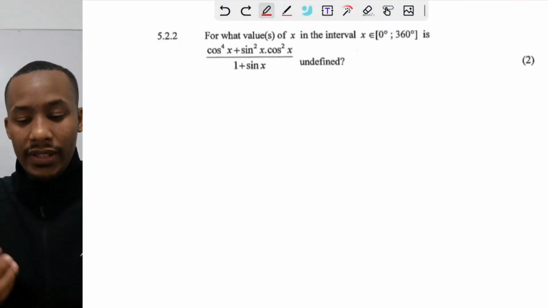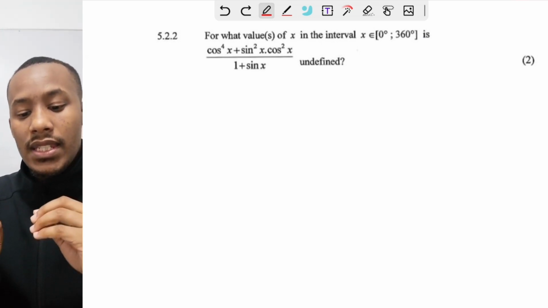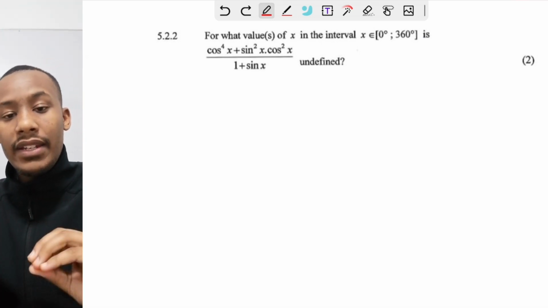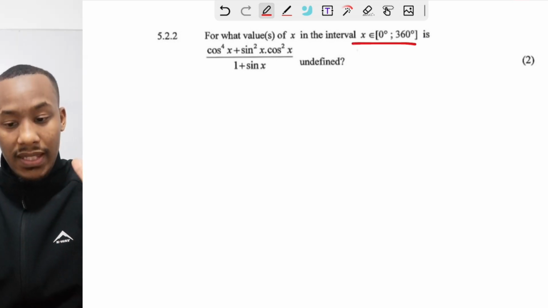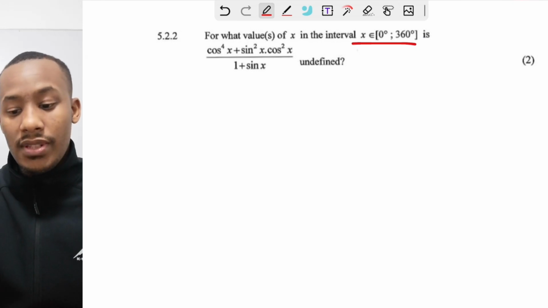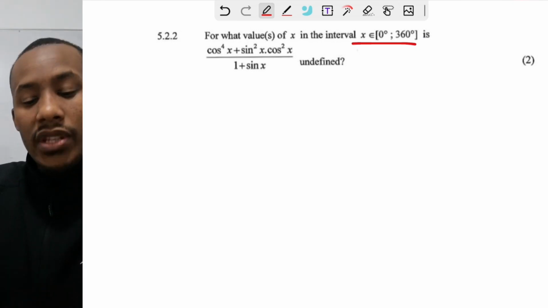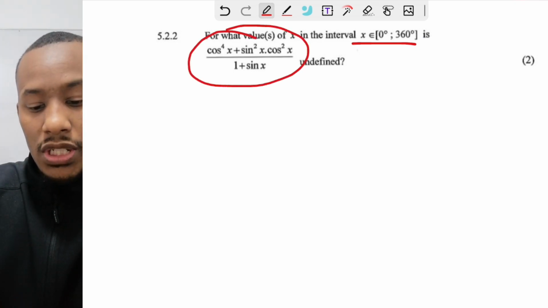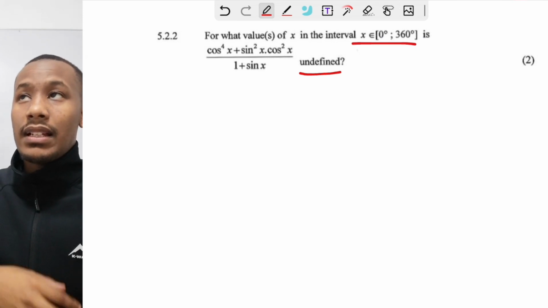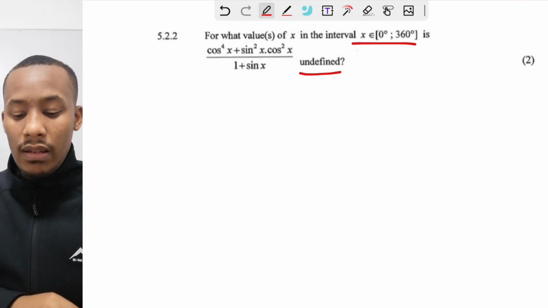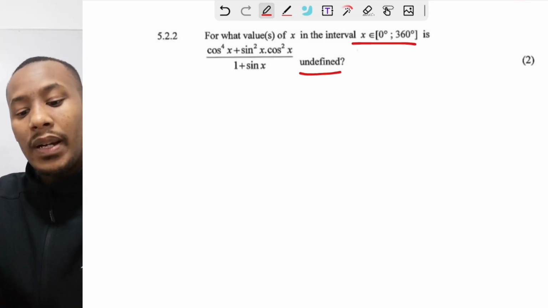Now, to follow up on that, it says, for what values of x is this expression undefined? And they actually give us an interval here. We need to solve x within that interval, 0 degrees to 360 degrees. Undefined, in mathematics, expressions are undefined when you divide by 0.